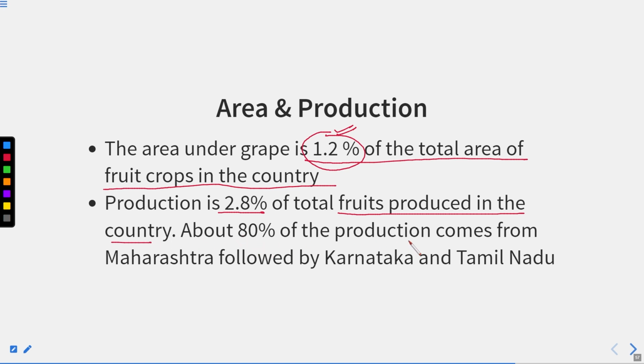About 80% of the production comes from Maharashtra, followed by Karnataka and Tamil Nadu. These are the three important states that grow this crop: Maharashtra stands first, followed by Karnataka and Tamil Nadu.